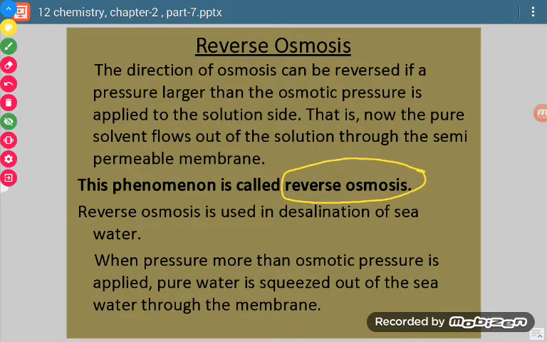We apply pressure more than the osmotic pressure on the side of the salt solution, or sea water, and then the pure water squeezes out of the sea water through the SPM, the semi-permeable membrane.